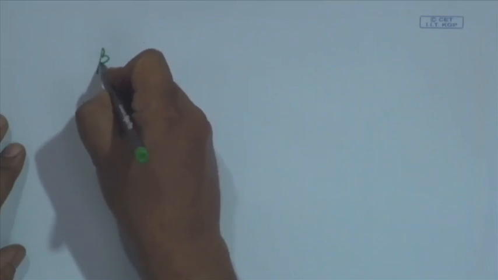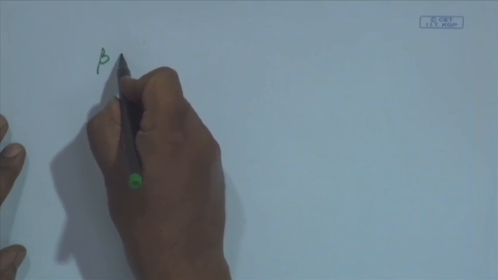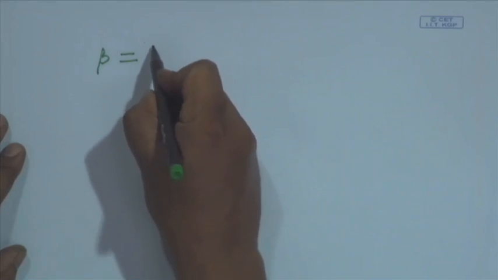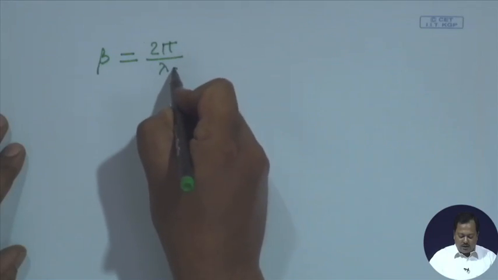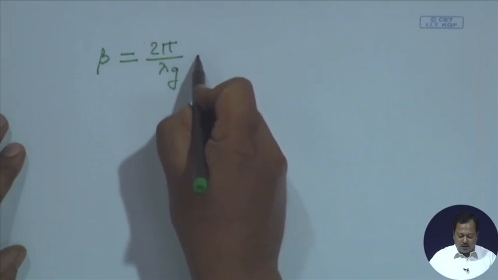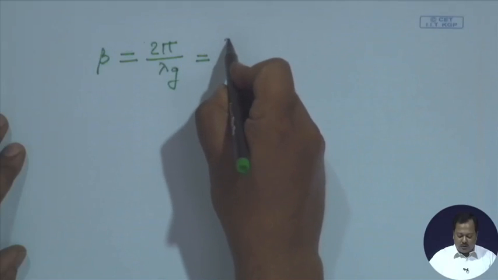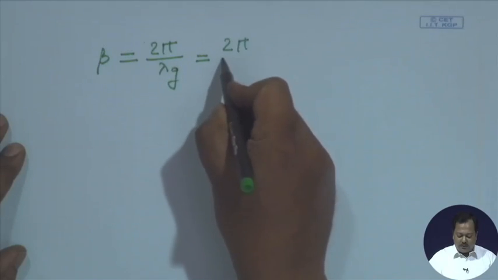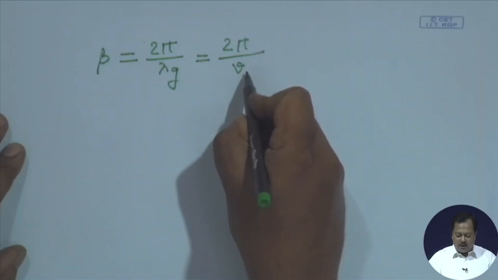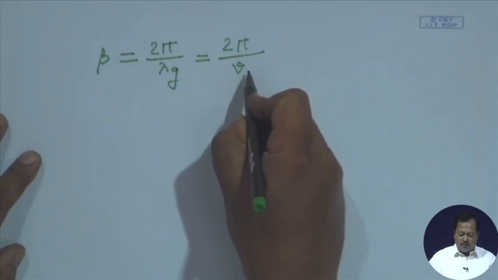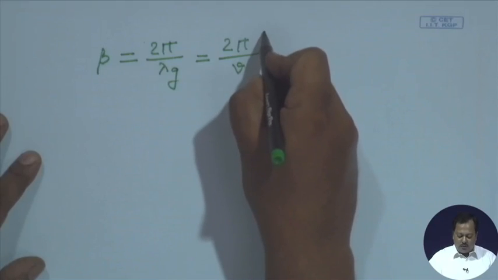So, beta is equal to twice pi by lambda g. This is the guided wavelength. So, twice pi, we can write down the velocity of the wave inside the medium into f.